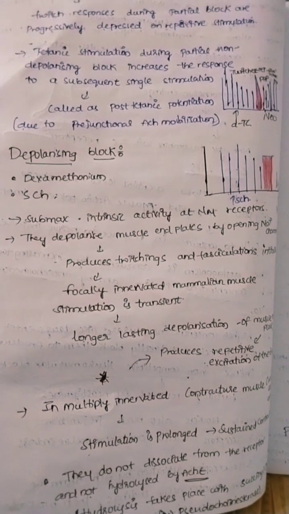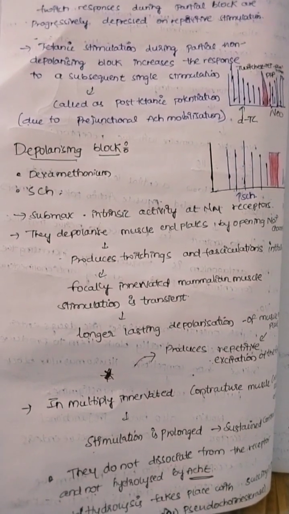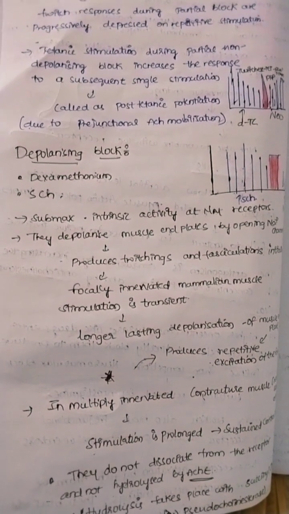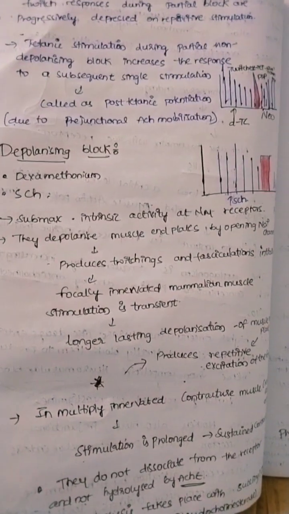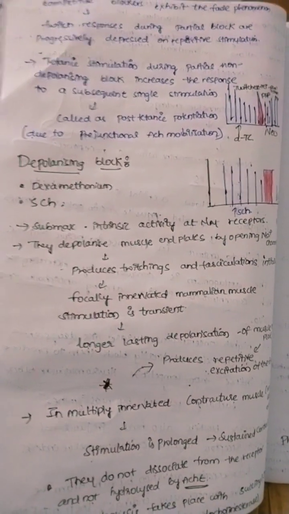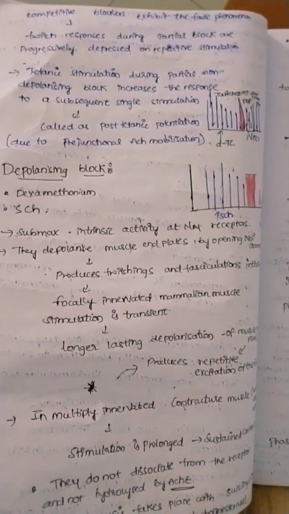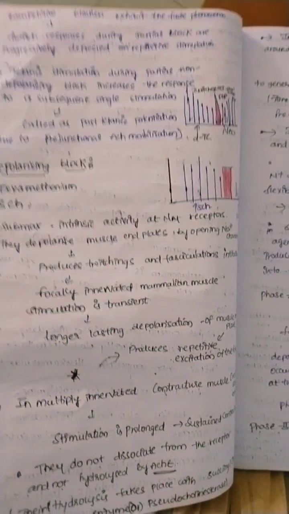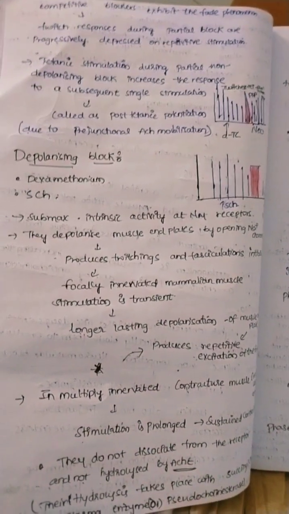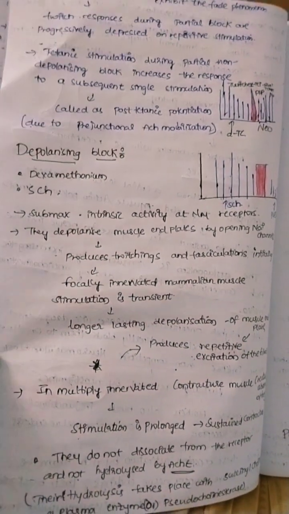So submaximal intrinsic activity of them will be seen at the neuromuscular junction only, at the NM cholinergic receptors. They will depolarize the muscle end plates. We already saw that by opening the sodium channel, sodium entry will occur, inside will become more positive, and depolarization occurs, twitchings are produced and fasciculations are initiated.